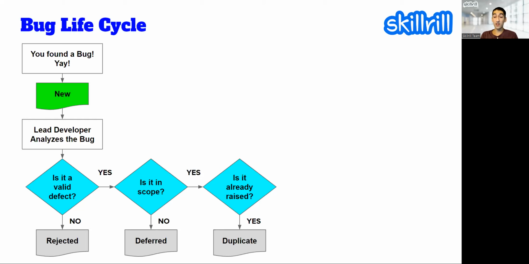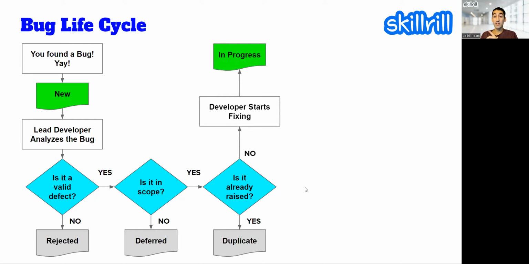And if it is identical, if some developer is already working on it, it's a duplicate, right? So they don't want to waste time working on duplicate items. If it's not the same item, if it's not a duplicate, then it just gets assigned to an actual developer. So they know who is working and who is available based on the resource availability. They assign it to a certain developer.